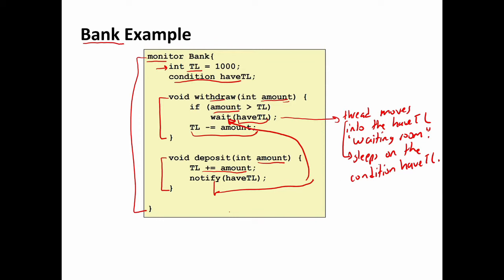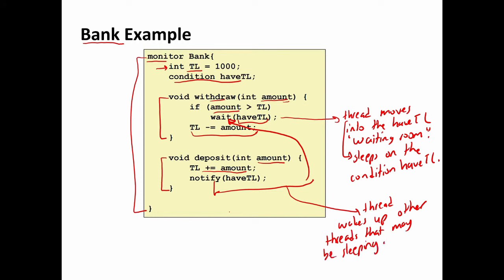So if a thread is sleeping here, this notify means that it wakes up other threads that may be sleeping on this condition. So this is the idea, that we have this notify and we have the wait.